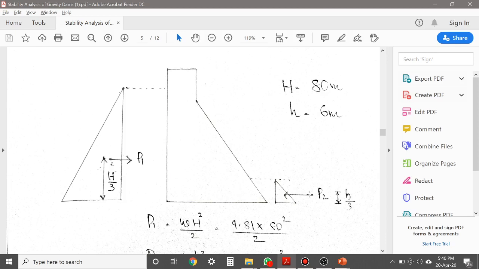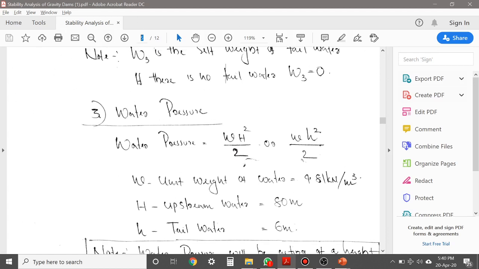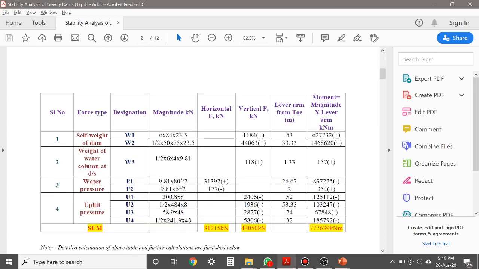While you take the moment due to P2, you can see that moment due to P2 about toe will be anti-clockwise, and our anti-clockwise moment sign convention is positive. Going back to our table, see, moment due to P1 is negative and moment due to P2 is positive.